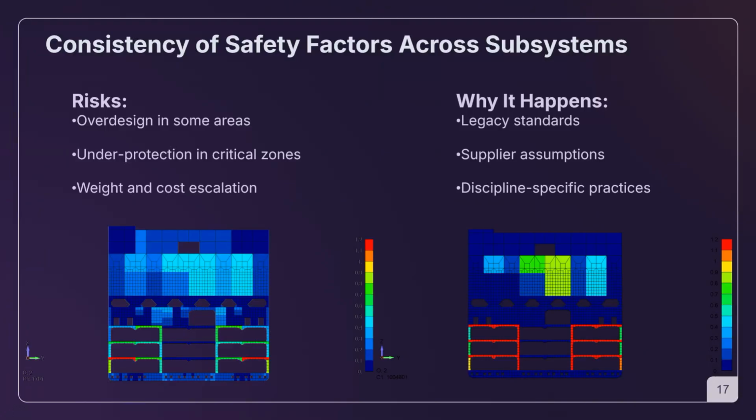And by assigning them in a wrong way, that may result in under-protection in critical zones, or weight escalation, which is also not the best if we want to produce the structure, often, if it's designed once, in bigger amounts. So all of this will change the cost of manufacturing, and it can be under-protected or over-designed. So there are two things which we need to take into account.